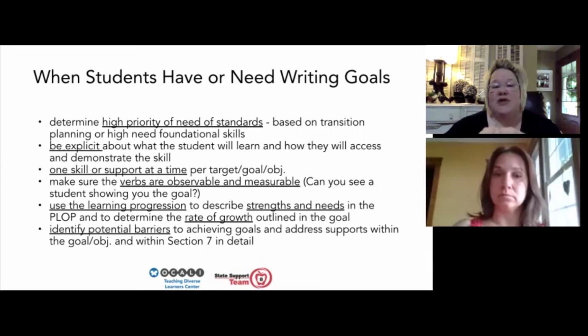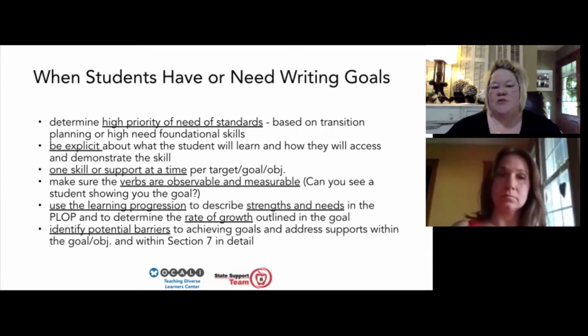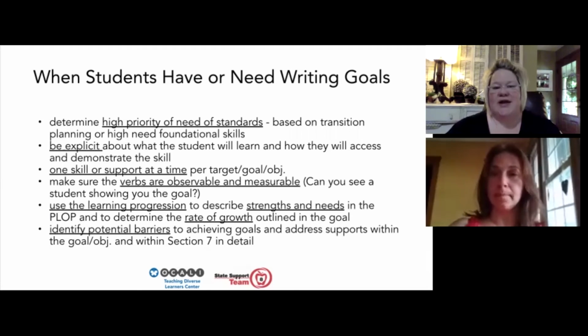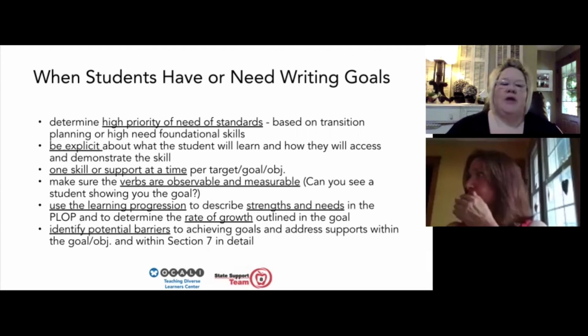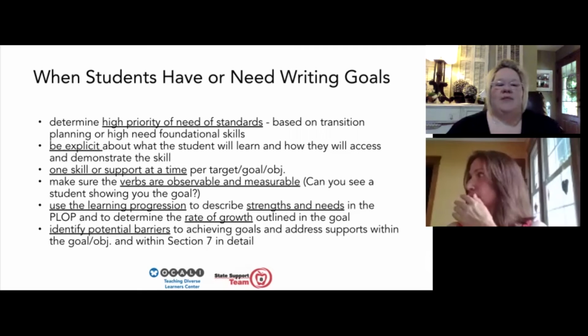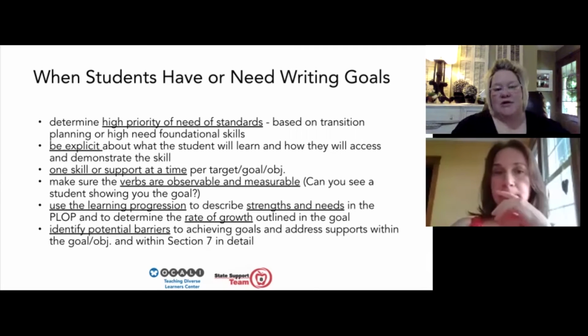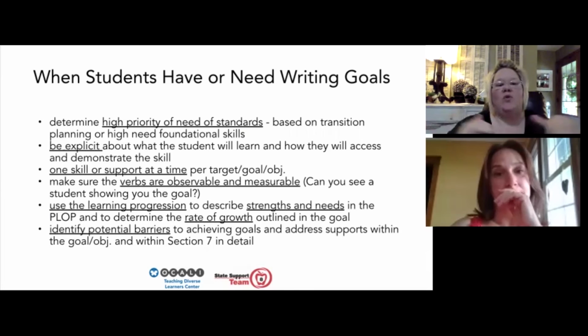We need to make sure that in our writing of goals and objectives we use verbs that are both observable and measurable. We want to make sure that we can actually see what it is that the student is supposed to be demonstrating. If we know that a student needs to make progress across a long series of skills to get to the grade level target, we want the learning progression to be available and know where the student is on that progression and move them forward.